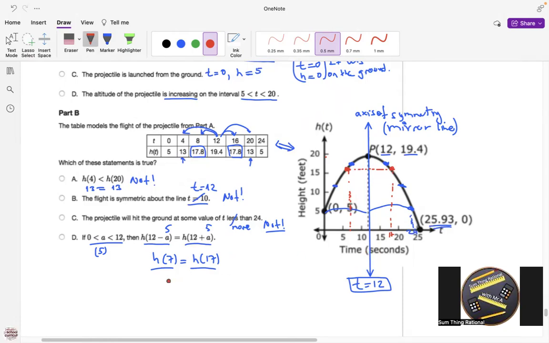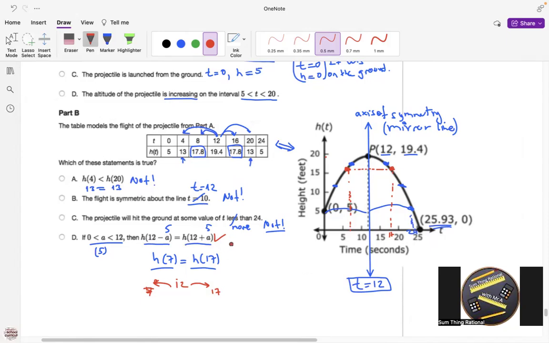Those numbers, 7 and 17, are 5 less than 12 and 5 bigger than 12. So they act just like mirror images of each other. Because of that, this will be correct each time.